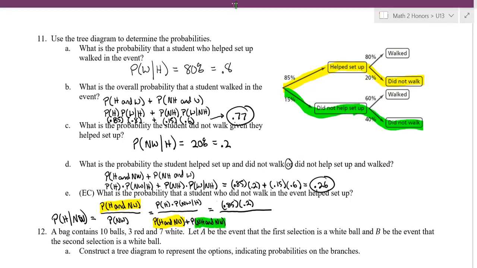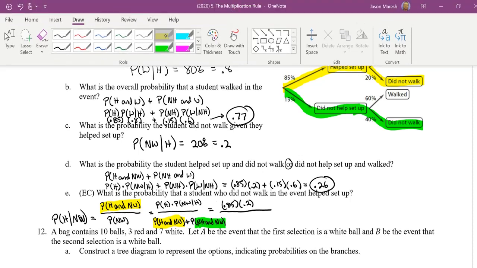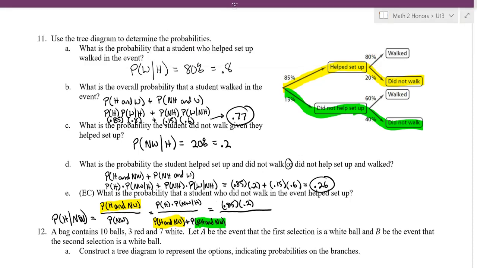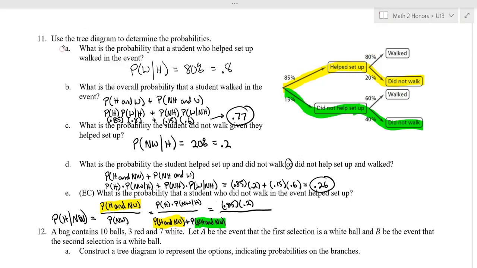So we've already figured out the yellow part, and I'll just put those numbers in. So we got the 0.85 times 0.2, but we can't cancel stuff out because it's plus something else down here. It's what I highlighted in green. So that would be the probability of not helping times the probability of not walking given that you did not help.